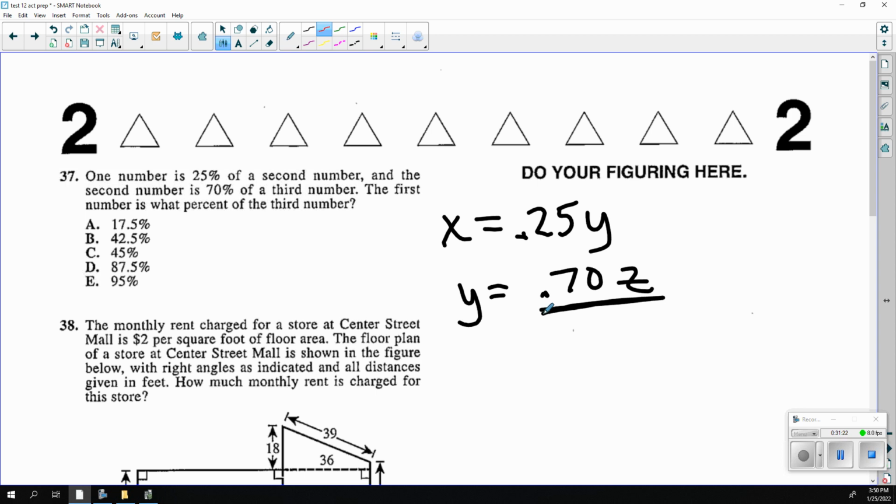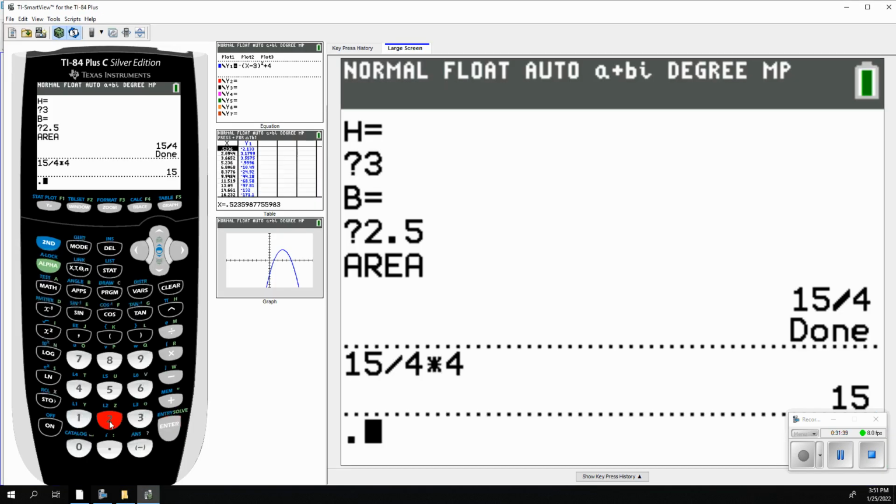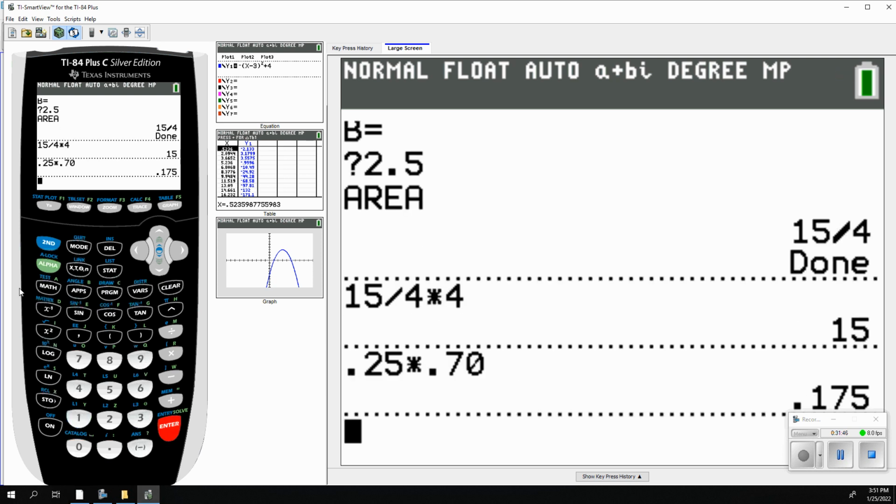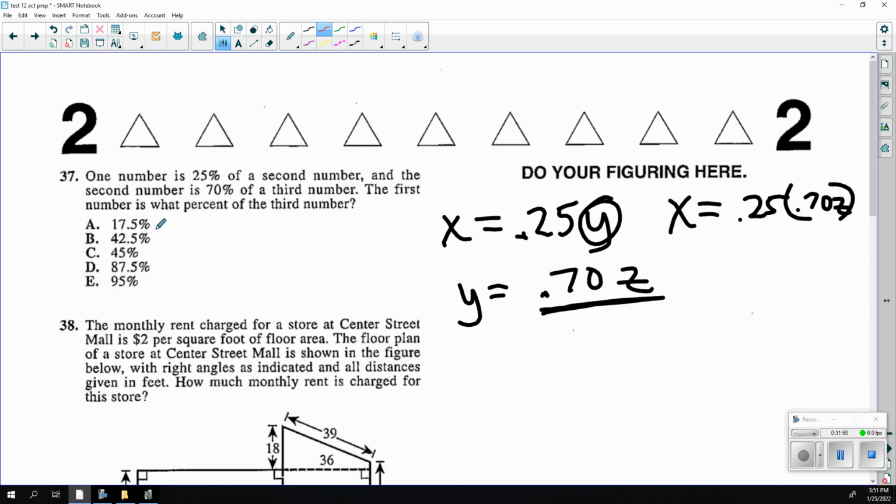So above would say x equals 0.25 y, and that's 0.70 z. So the answer is very simply, I thought this when I first saw it, but I wasn't sure, so I talked my way through it. It's 25% of 70%, which is 0.175, or 17.5.